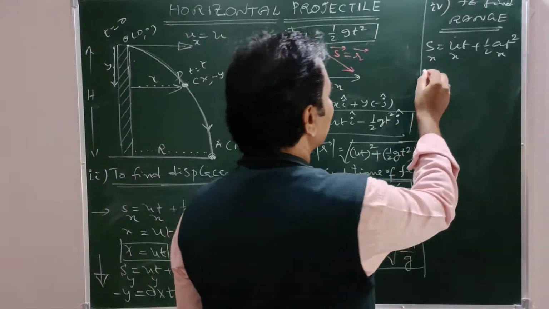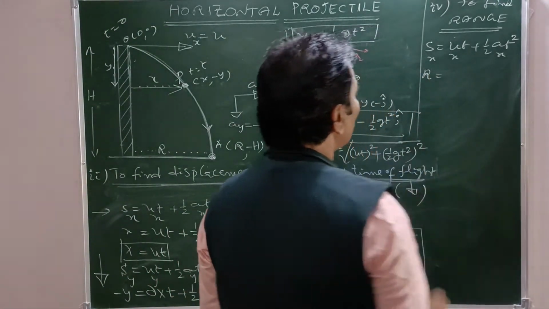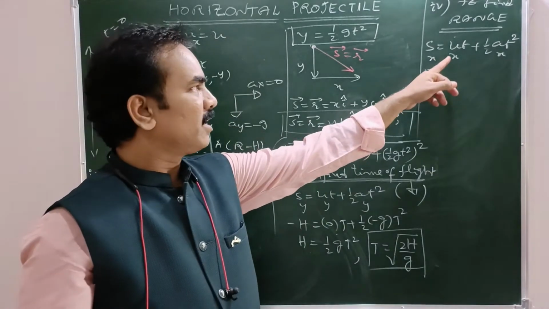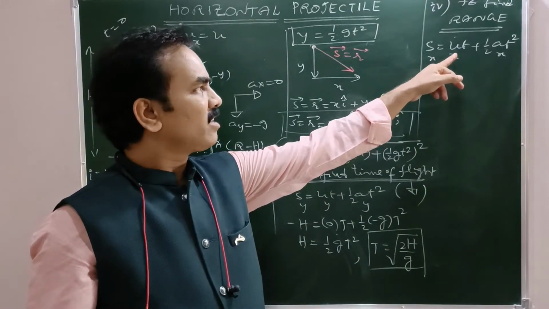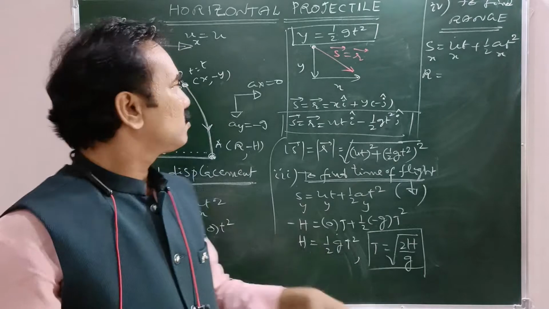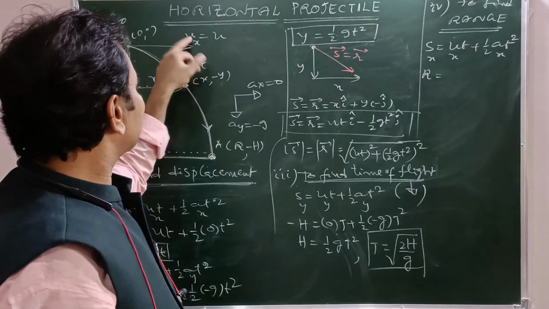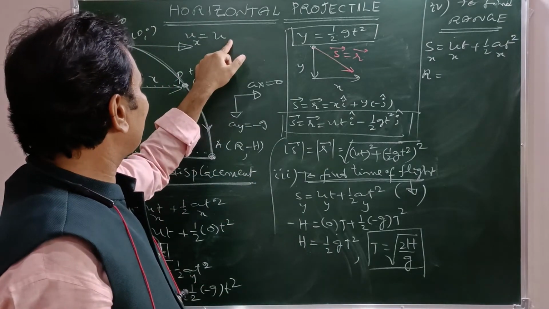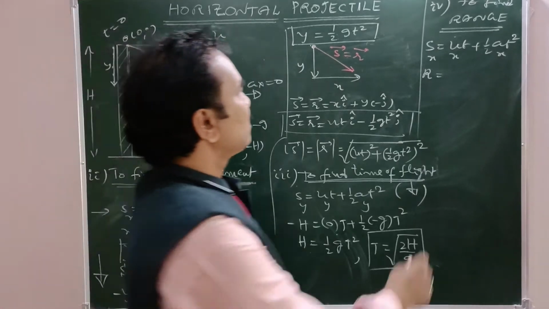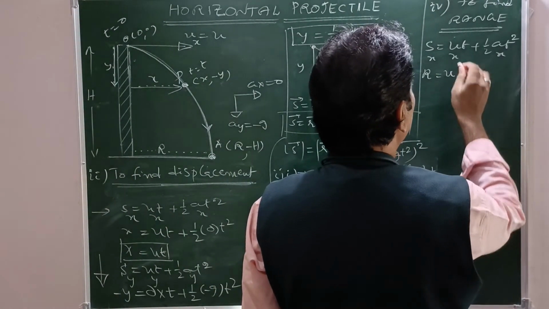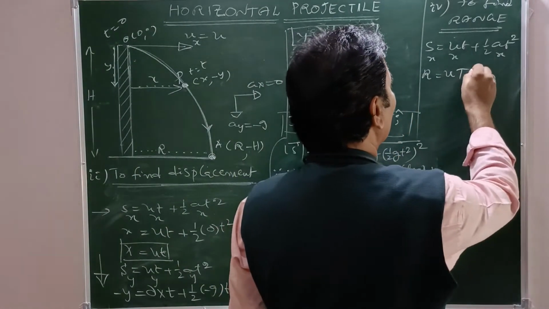So sx means range. u means initial velocity, ux, where suffix x means along x. So what is the initial velocity along x? The entire velocity with which it is projected, that is u. So u into t, capital T, right? Why?